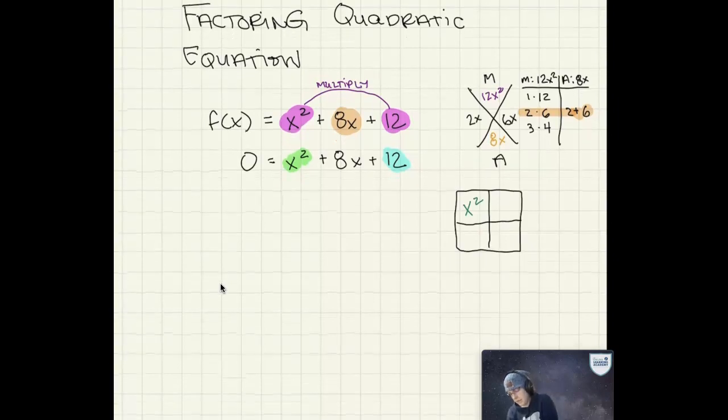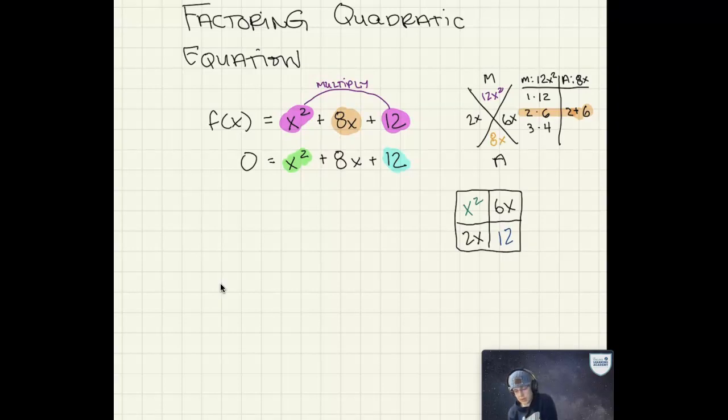Always remember, it doesn't matter which corner those two things are in, as long as they're in opposite corners, okay? Now, you're going to take the two terms that you uncovered, your 2x and your 6x, and you're going to put them in the other corners. And now you're just going to factor, okay?